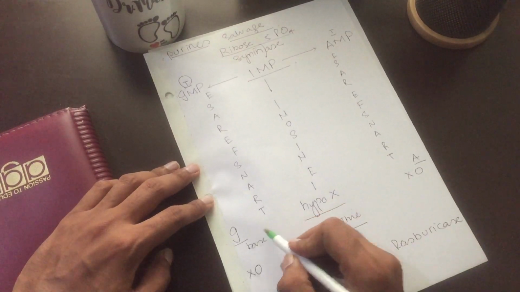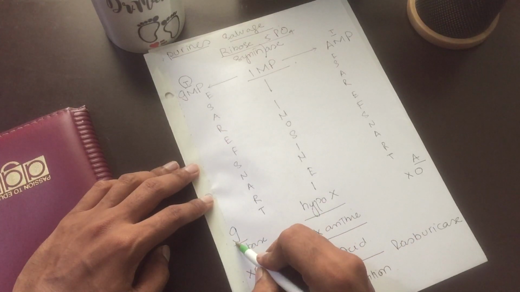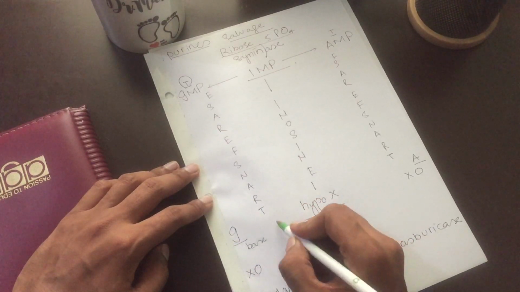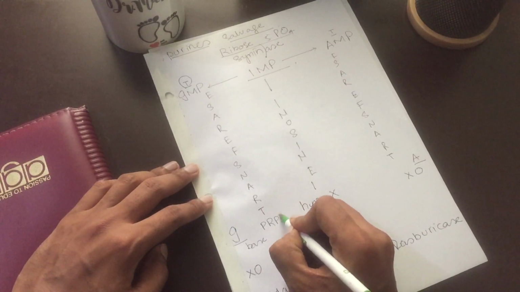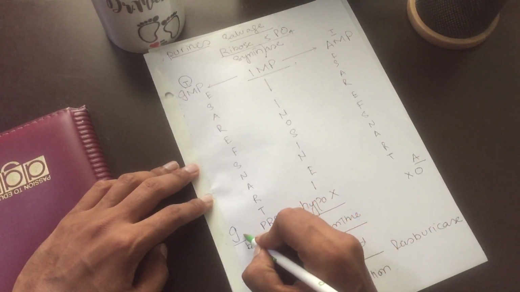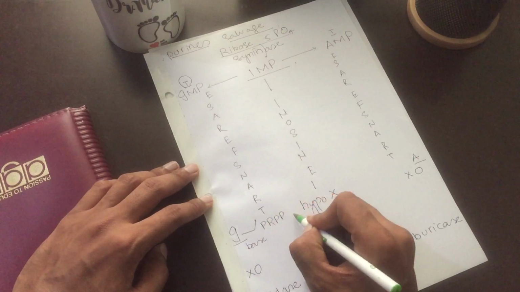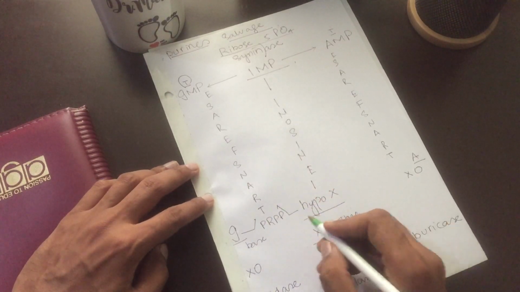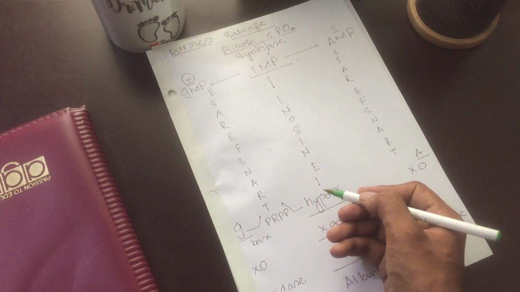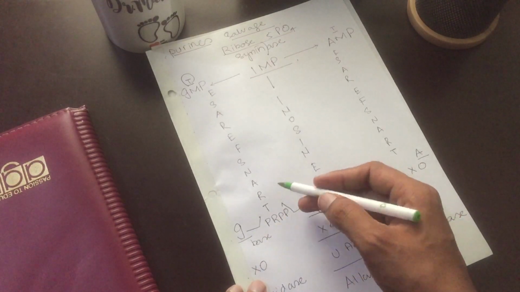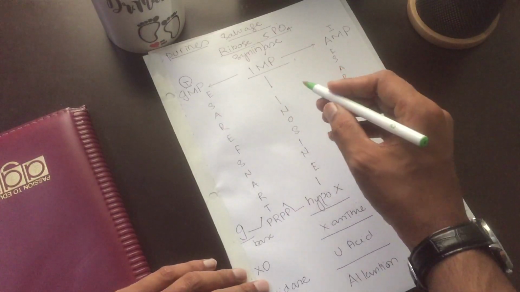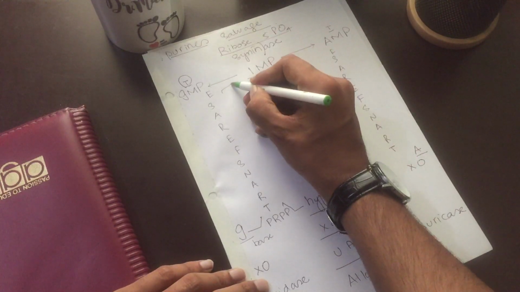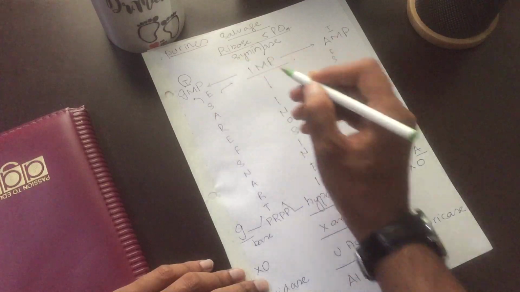So over here we have hypoxanthine and guanine. The enzyme we also use over here is PRPP. So adding this PRPP with this enzyme, we can convert hypoxanthine and guanine by the PRPP transferase enzyme back to IMP and guanosine monophosphate.